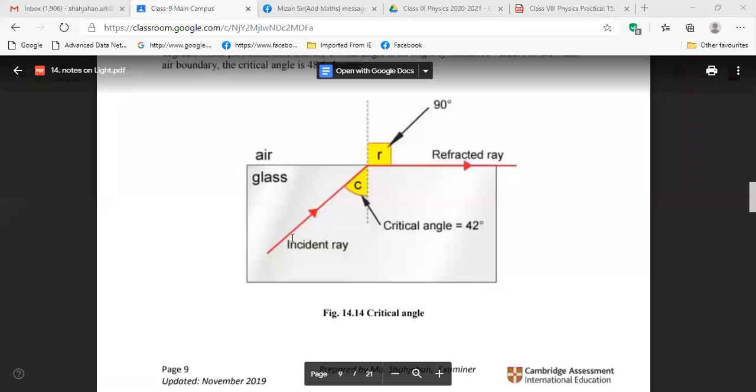Look, when from glass to air, we are going from denser to rarer medium. Then it will be away from the normal. So, for example, your incident ray, you are starting from here, and this is i.